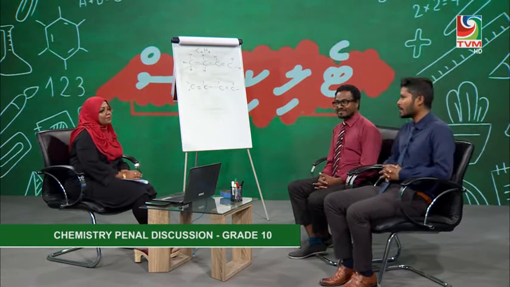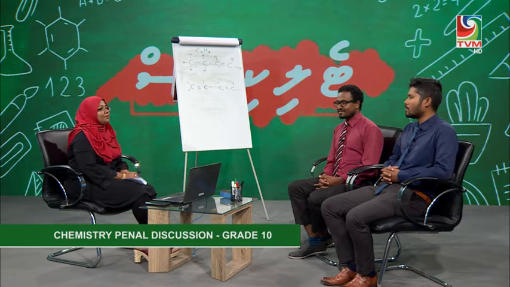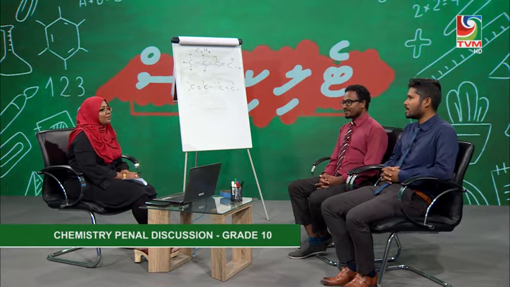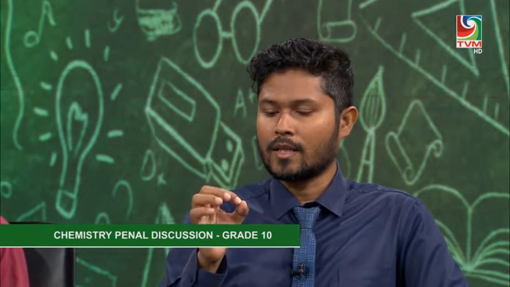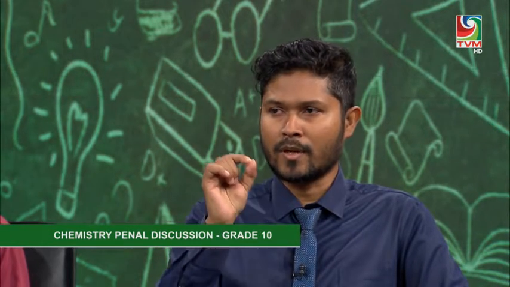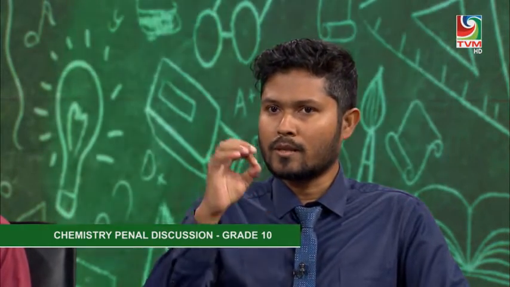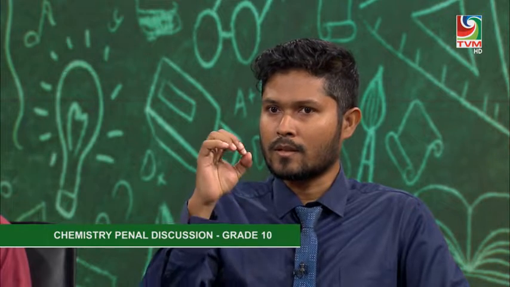Can I add one thing? When we talk about homologous series, think about this as forming a chain. A chain will start with one block. That will be the simplest structure of that family. A homologous series is a family of compounds, formed by joining a number of carbons, a chain of carbons.